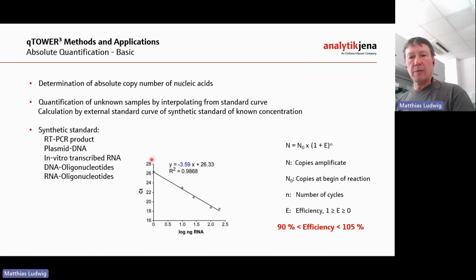So, in principle, most software creates a calibration curve based on the CT values, with the important calculation numbers with the Y and the X, and also the R square information. The best is if you have an R square of about 0.98 or 0.99. The best one is 1.0. This gives you the information how well your real samples are located on the imagined calibration curve.